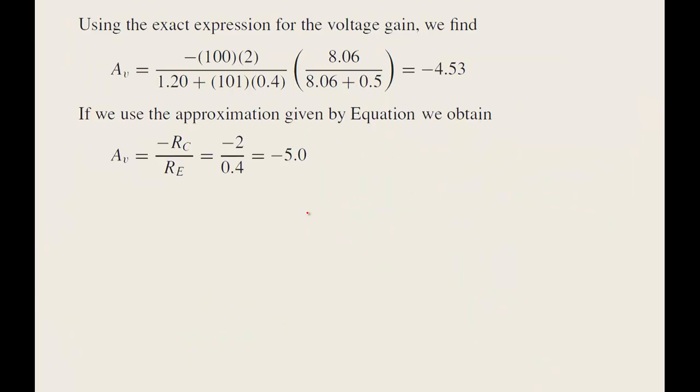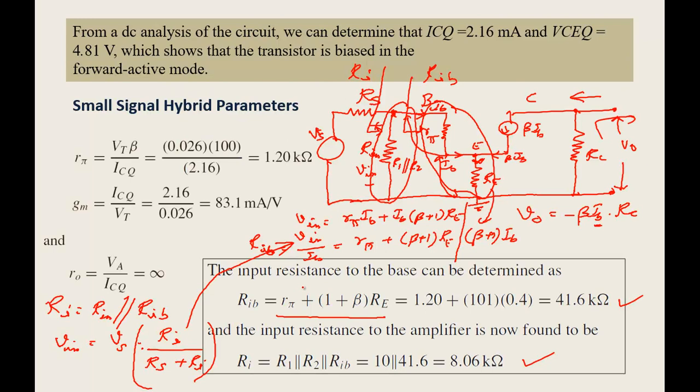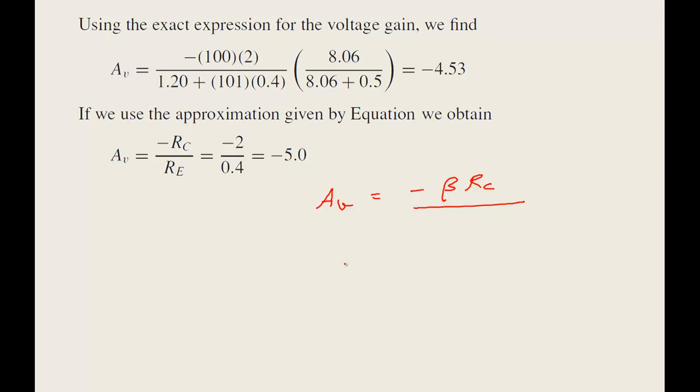So you will basically have AV as minus beta RC divided by, and I write it like this: Ri divided by Ri plus Rs.